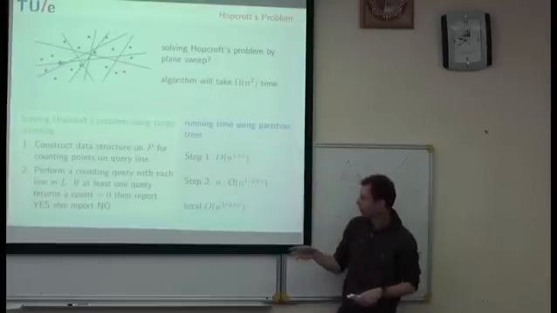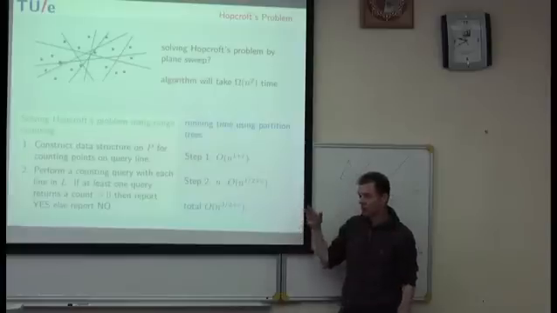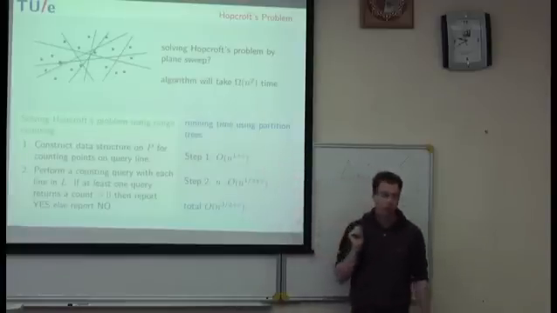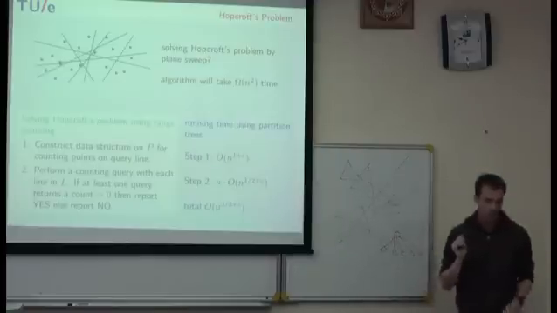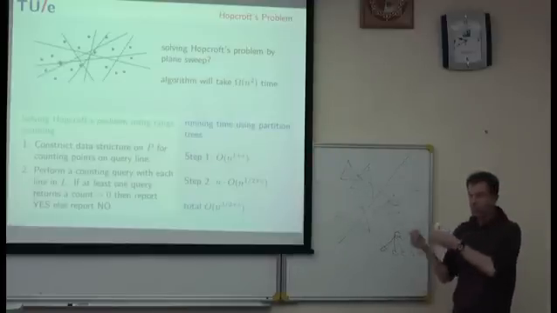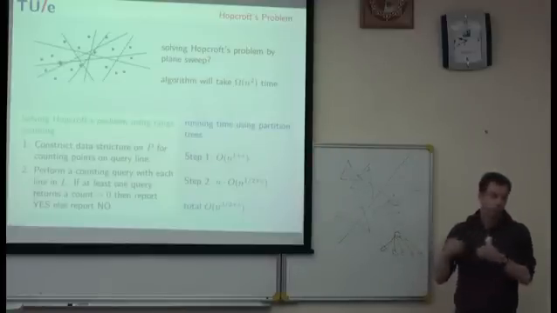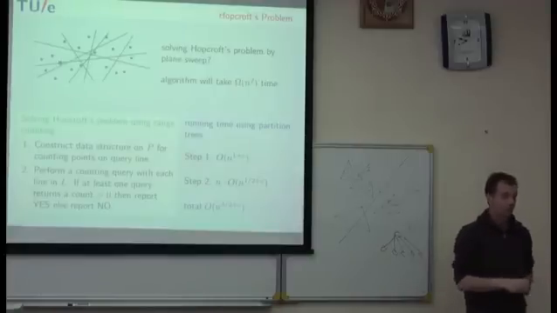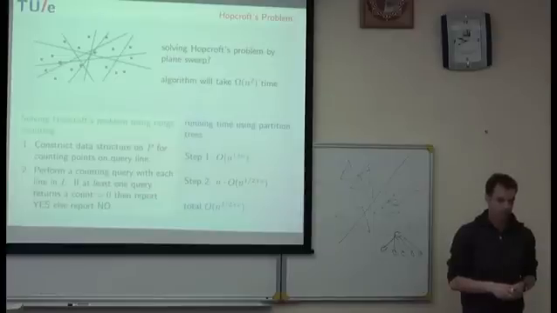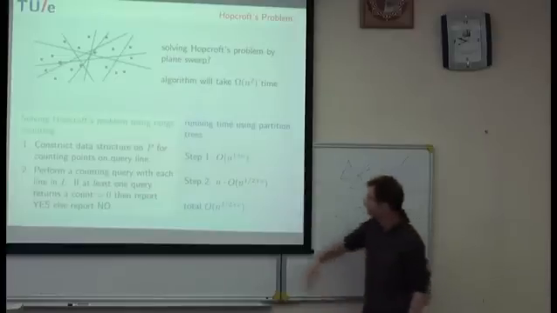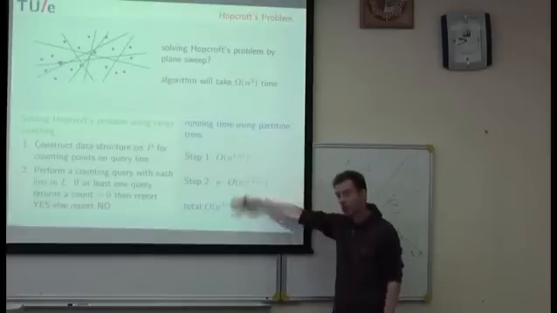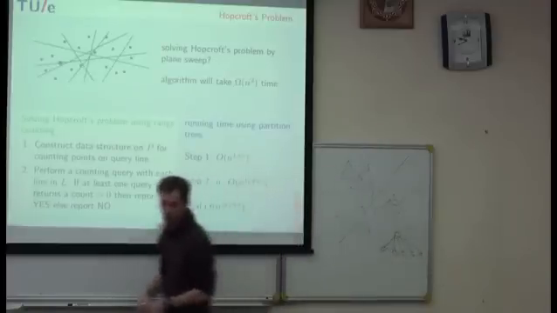So what we're going to do now is to try to see if we can somehow modify our partition tree so that the space and also the pre-processing time will be a little bit higher, but the query time is going to be lower. Okay, and then by having a little bit larger pre-processing time but lower query time, hopefully we get a better bound in total.